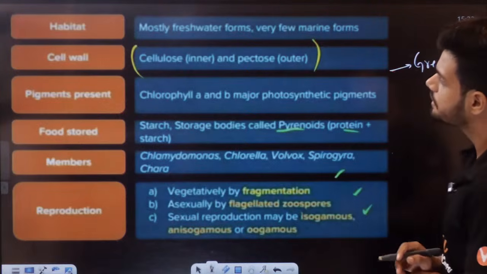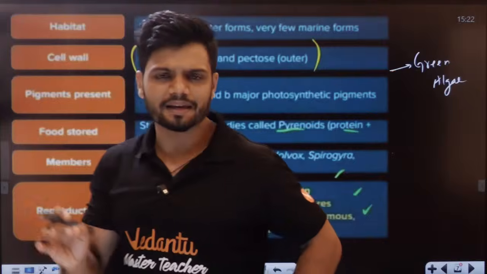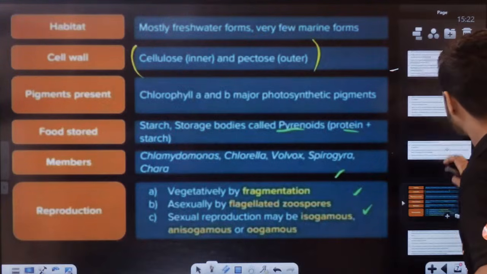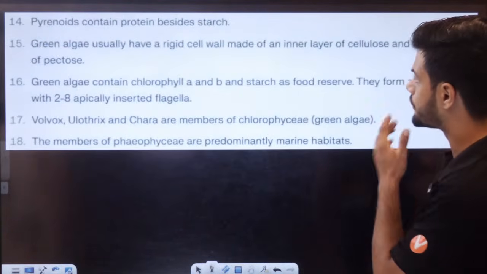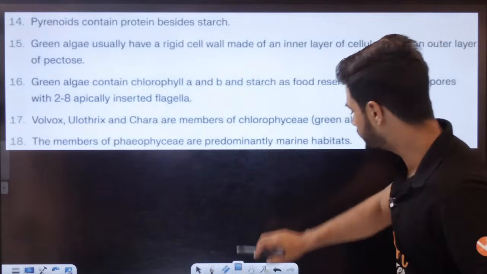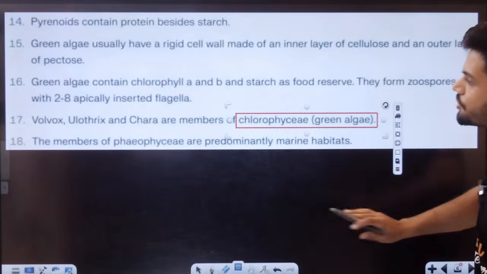What is green algae, students? Green algae is also called Chlorophyceae. I think I've written it somewhere here. Yes, it is written here. So green algae is also called Chlorophyceae.